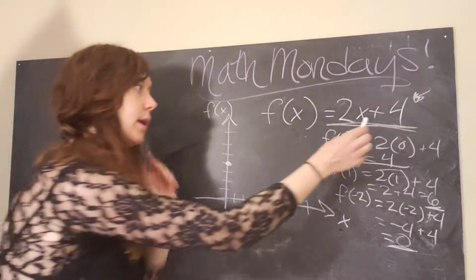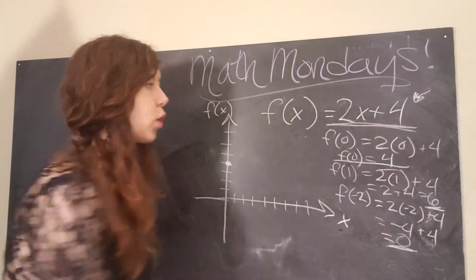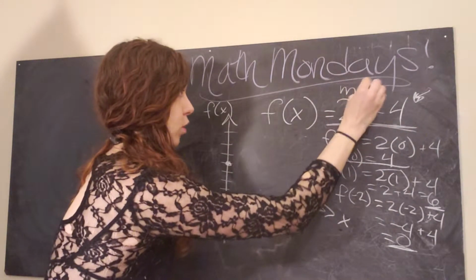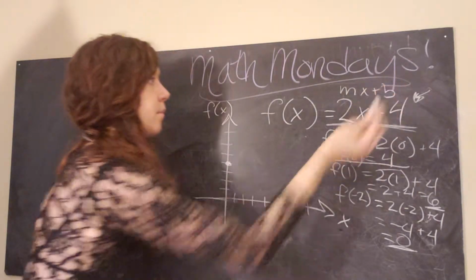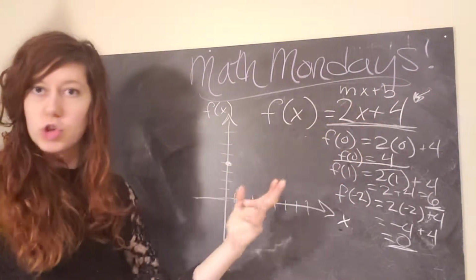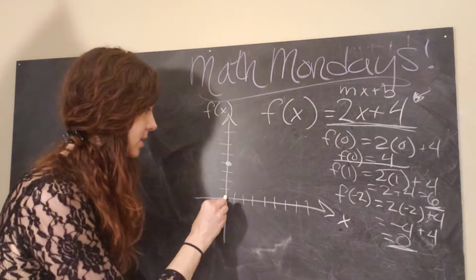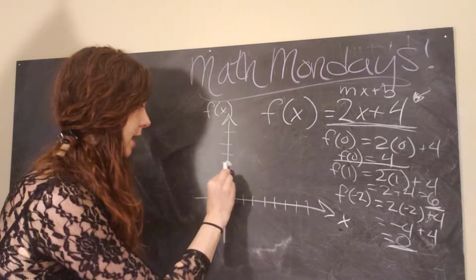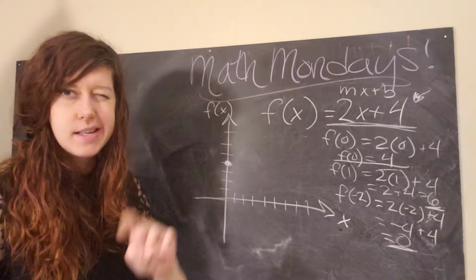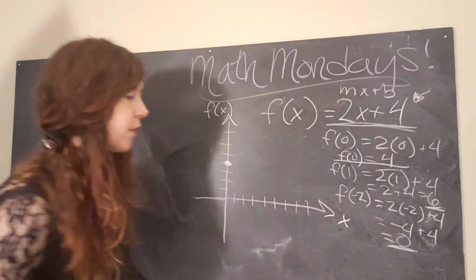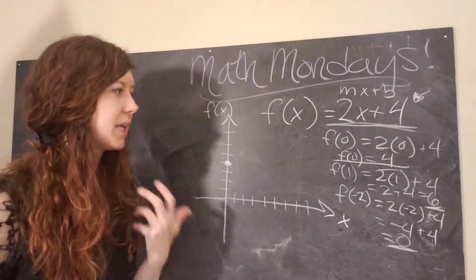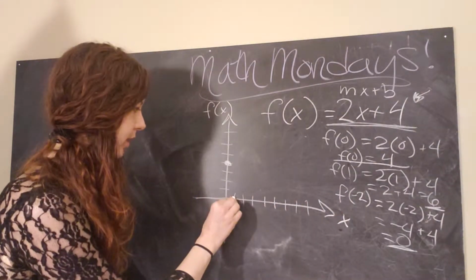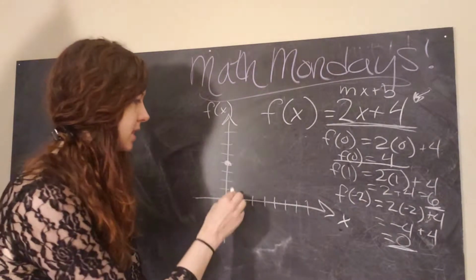We know if we have just a plus 4 at the end and our equation is in the form of mx plus b, b is the y-intercept, just like we solved: when x is 0, our function output is 4. When x equals 1, we get 1 over here and we get 6 as the output.